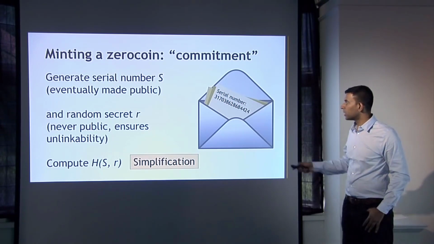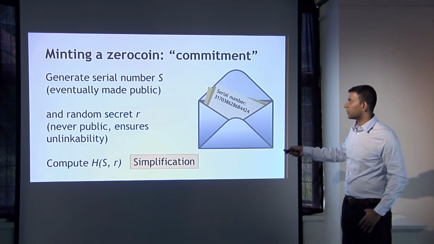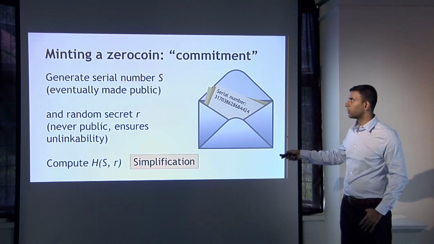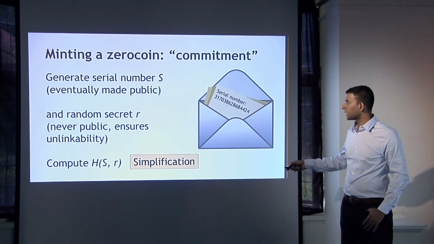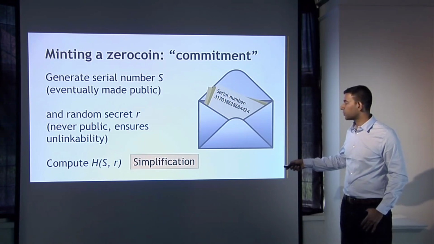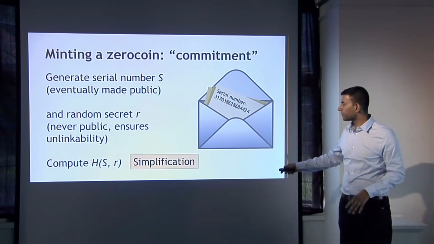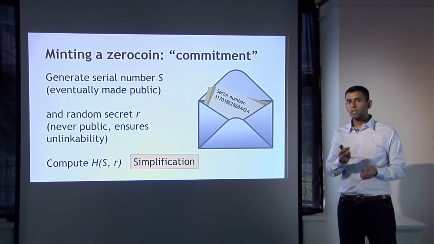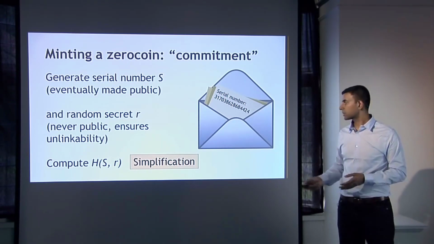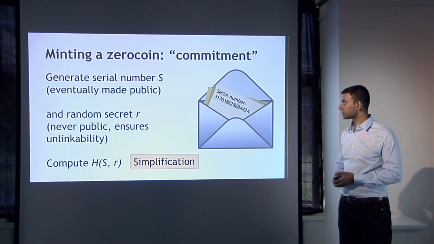What it corresponds to is generating another random secret R, which you're never going to make public, and computing the hash of the coin serial number together with this random secret. Now this is a little bit of a simplification, but it really helps you understand the properties of the system, so let's go with this description.